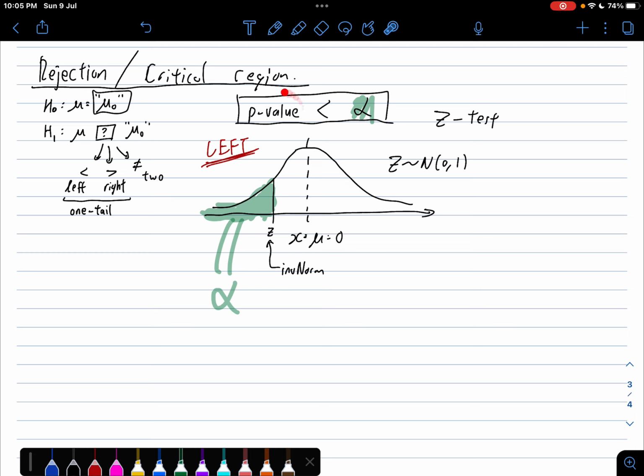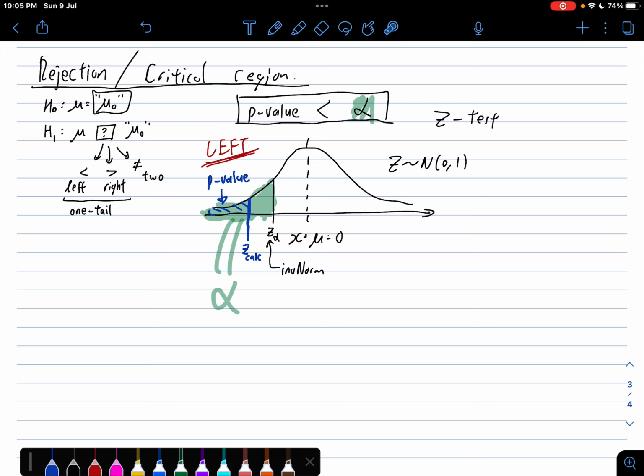But for your p-value, a left tail area, to be less than alpha, you will need to have a point over here, a z, let's call it z calculated, such that the area to the left is exactly your p-value, and it's less than alpha. So if you have this scenario, p-value, the blue one, is less than the green one, the corresponding z coordinate, like x coordinate but changed to z, you will realize that you have your z calculated less than the z, let's just call this z alpha, since it's related to alpha.